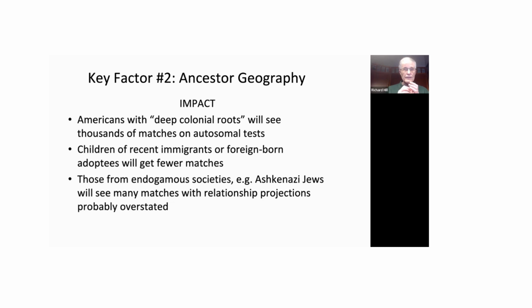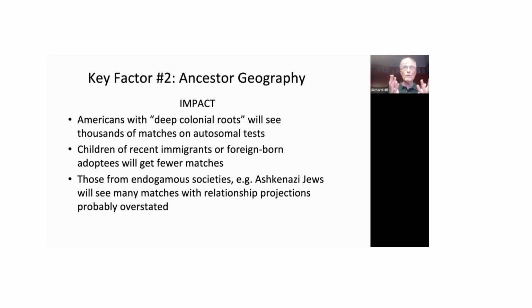So after discussing those facts about ancestor geography, here's the impact of those facts. One important thing is that Americans with what we call deep colonial roots will see thousands of matches on autosomal DNA tests. Children of recent immigrants or foreign-born adoptees will get far fewer matches.